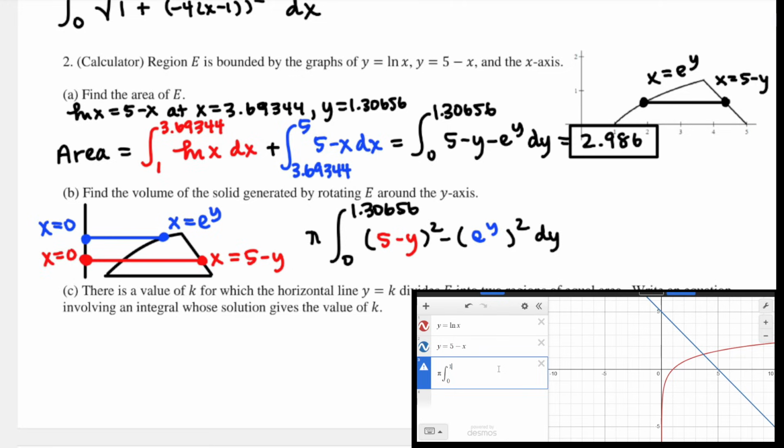From y equals 0 to y equals 1.30656 of 5 minus y squared minus e to the y squared dy, and then I'll get 58.280.